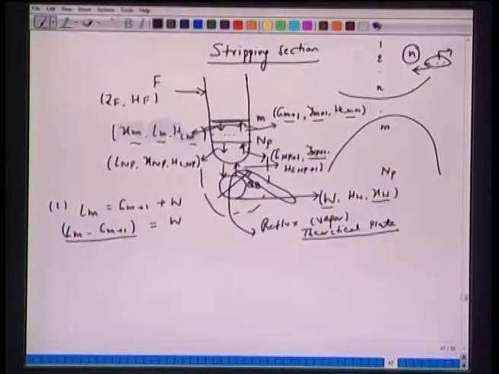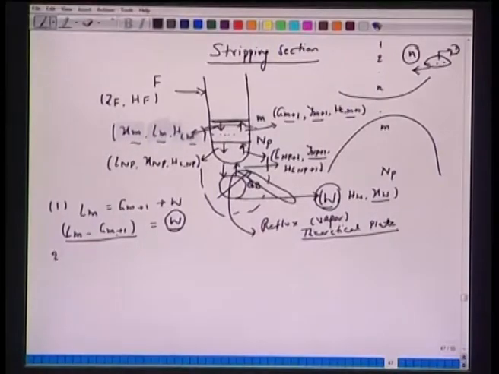What does it mean? Lm minus Gm plus 1, L1 minus G2, L2 minus G3. The difference of the molar flow rate of the liquid leaving this tray and the vapor reaching that plate is a constant, same as W. You can compare this with Ln, Gn minus 1 and the top product, which was D. So, this is going to give us a difference point for this bottom column.